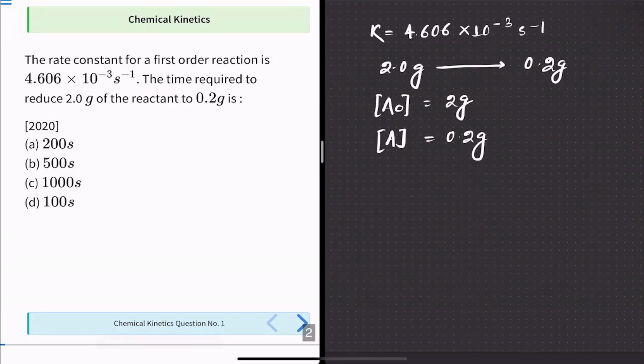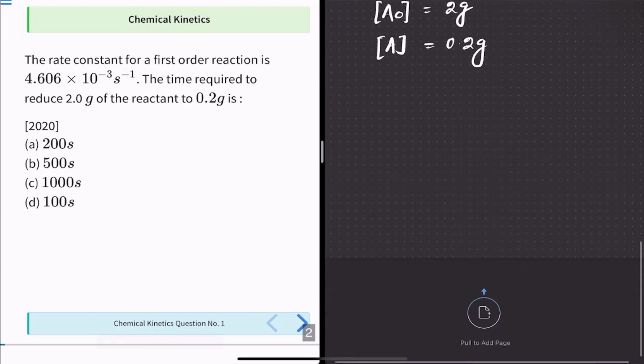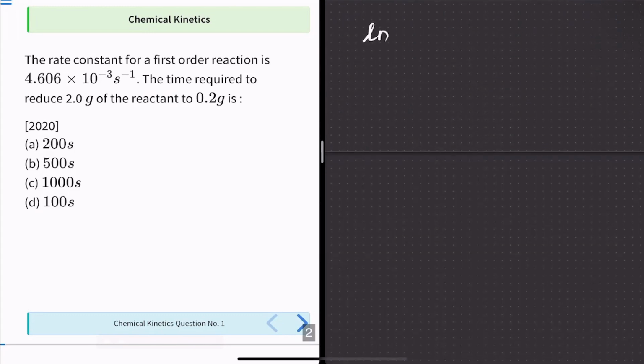Which integrated equation do we use? That is ln A naught divided by A is equal to Kt. If we convert ln into log 10, then it will be 2.303 into log 10.